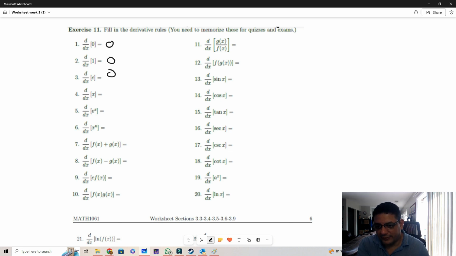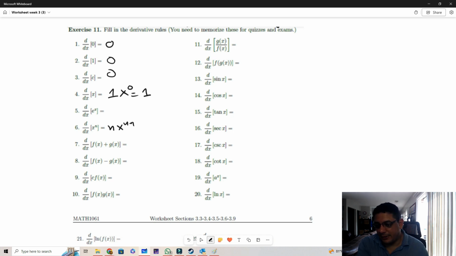The derivative of x is going to be 1. It is x to the 1. So with functions like a normal power, we put down the exponent and we subtract 1. So when we have just x to the 1, it is 1 down, x to the 0, and that's essentially going to be 1 again.